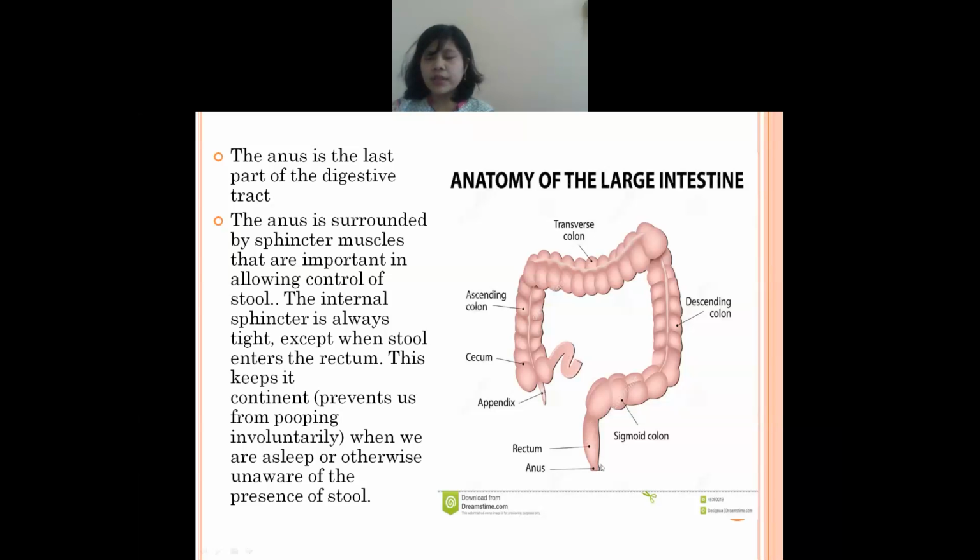Yes, ma'am. Okay. Next is your anus. Here is the last part. As the stool is coming from the colon and passing towards the rectum, it will go to your anus. So the anus is the last part of the digestive tract, or GI tract. This anus is surrounded by sphincter muscles. Sphincter, you remember, no?